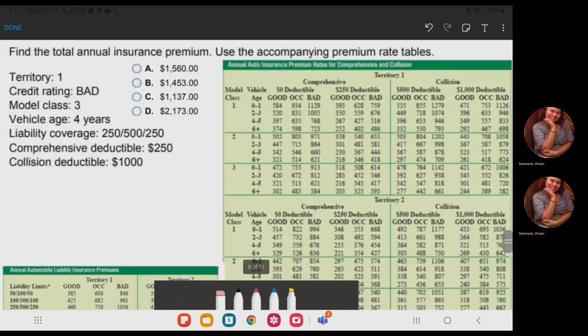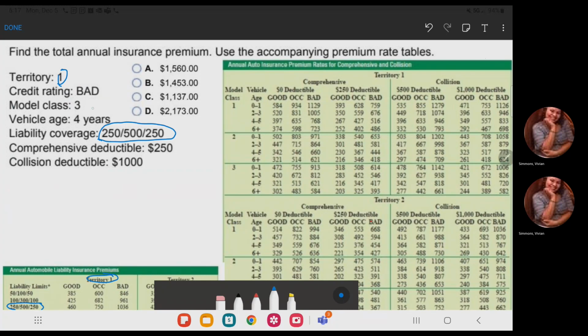All right, so now for this next one, similar to the last, still in territory 1. The coverage is 250, 500, 250. That's right here.